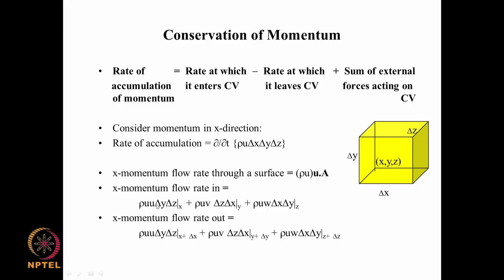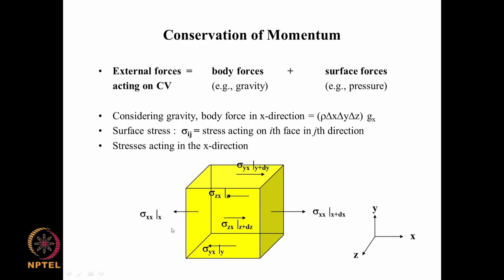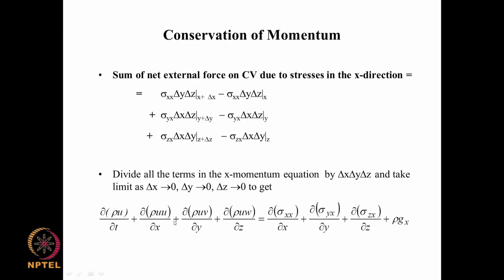So, we get rho u square at x minus rho u square at x plus delta x divided by the delta x which remains, in the limit as delta x tends to 0, and that is equal to minus dou by dou x of rho u square. Because that is on the other side of the equal sign, we bring it to the left hand side and get dou by dou x of rho u square.